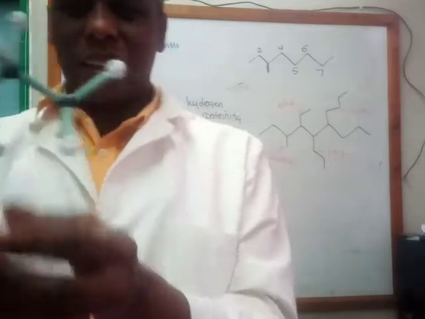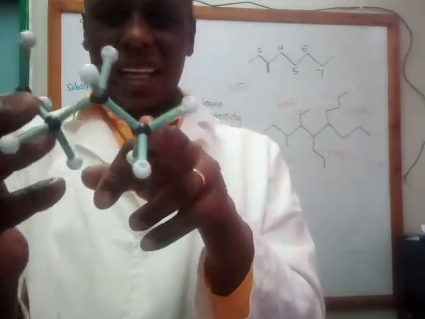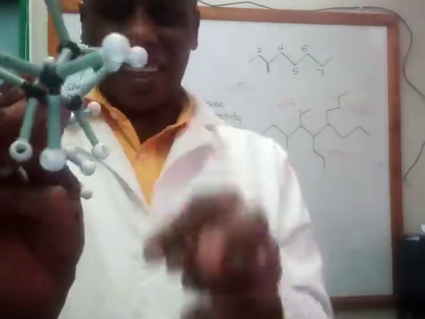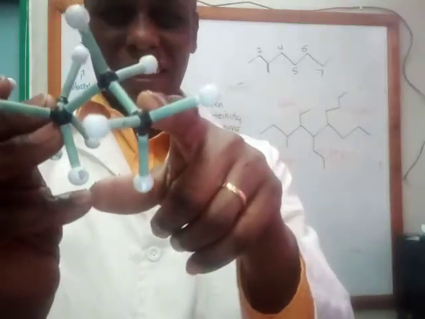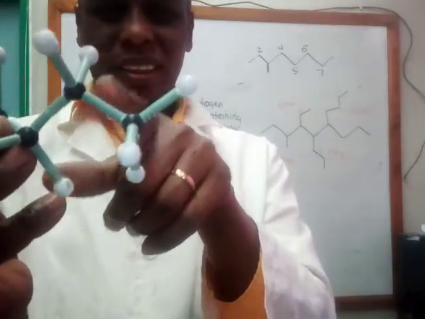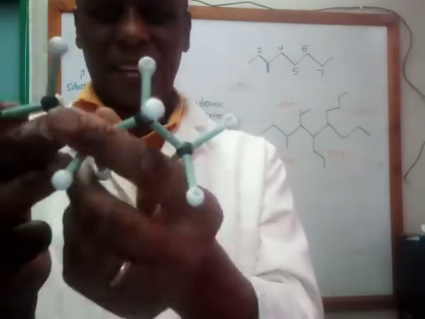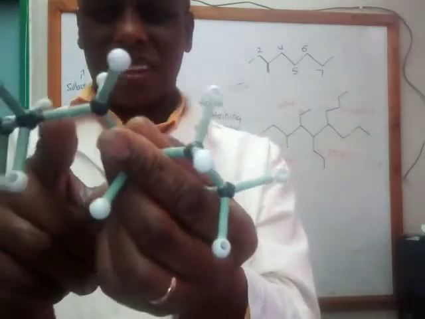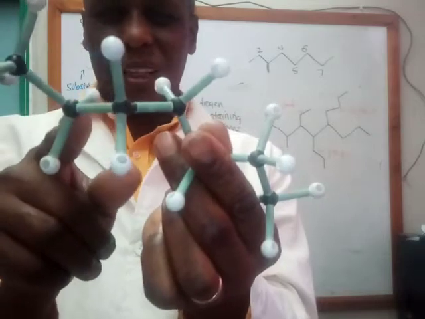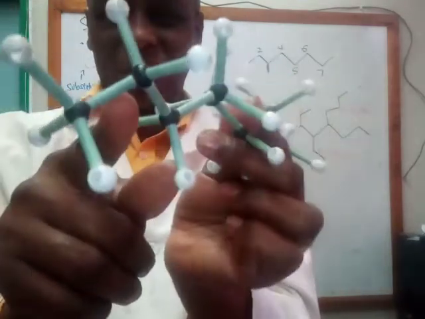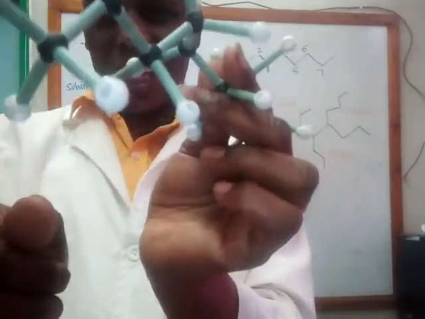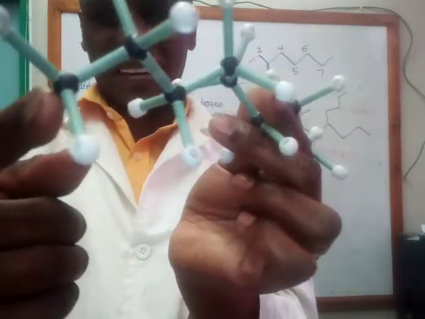Can you see? The carbon at the end has how many hydrogens? I'm putting it here, 3. The next to it has 2 hydrogens, and the next ones each have 2 hydrogens. The last one, as you can see here, has 3.